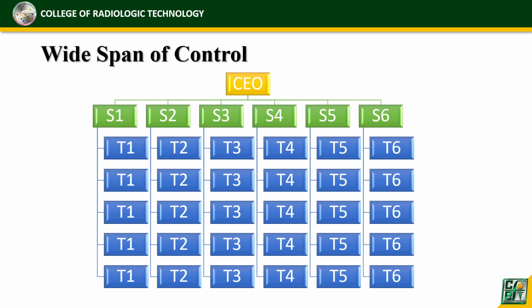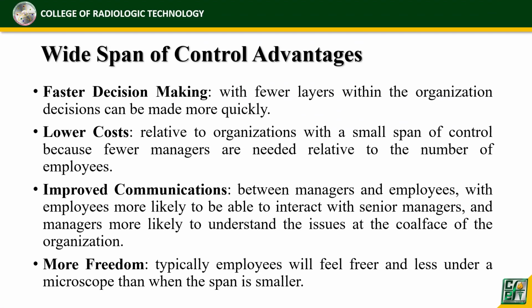Okay? Okay. So, yan. Ano yung mga advantages, okay, ng wide span of control? So, faster decision making. Okay, bakit faster? Kasi konti lang yung layers at madaling makukuha kung ano ba yung pulso.